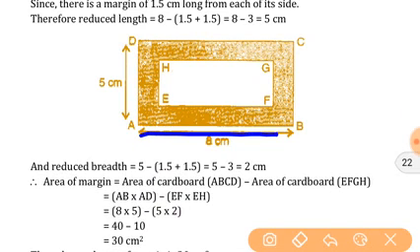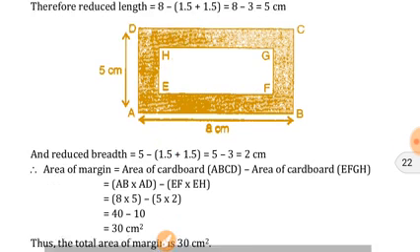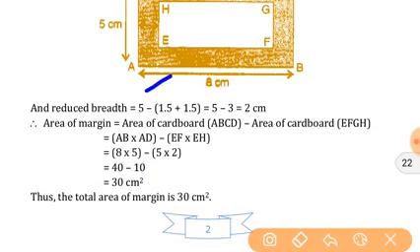Total 8 is there, here 1.5, here 1.5, so we subtract to get the reduced length inside, 5 centimeter. In the 5 centimeter breadth also, 1.5 and 1.5 means 3, so it is 2. So it is 5 into 2. In the same way for the reduced breadth. So the margin is 8 into 5 minus 5 into 2.